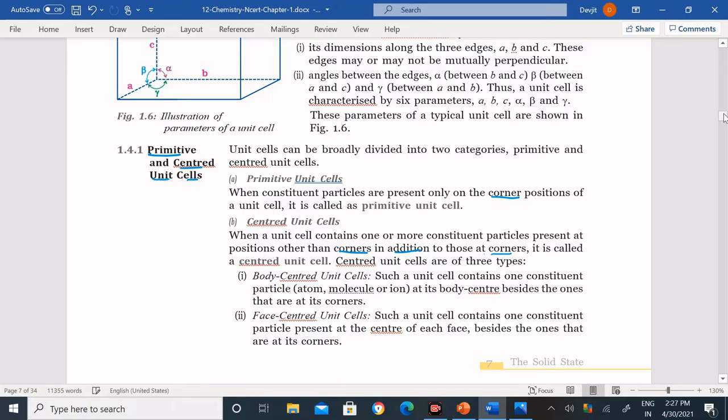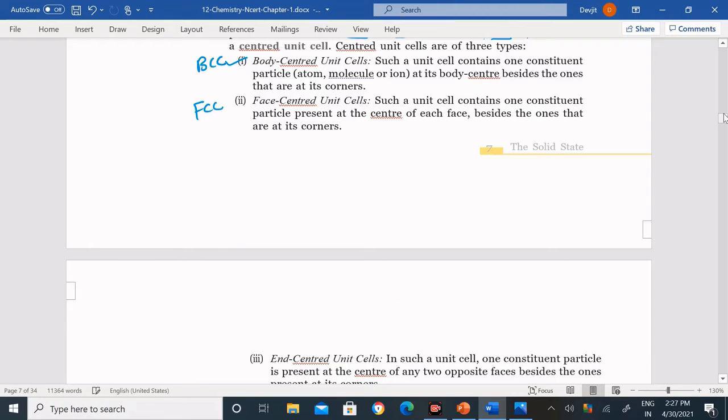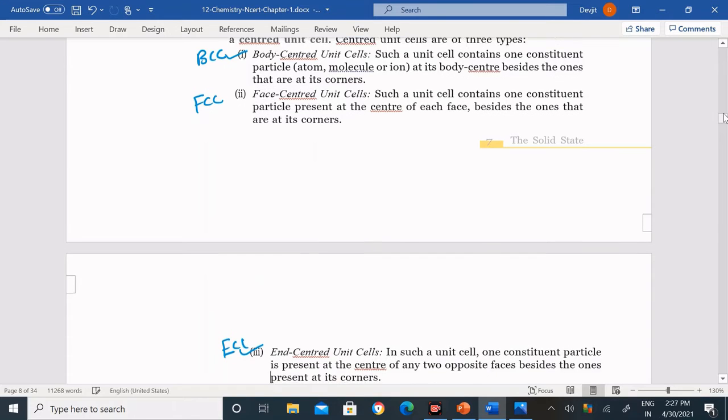That means after occupying the corner, other spaces also. It is also categorized into first body centered, short term BCC, second is FCC, and after that end centered. So these four types are: one is primitive, and in centered unit cell three categories. So totally four ways are there to arrange the constituent particles in a unit cell.